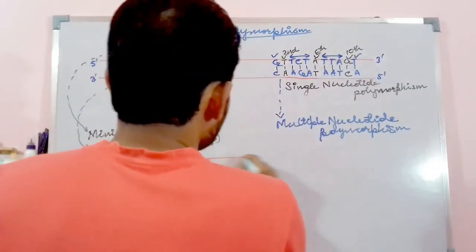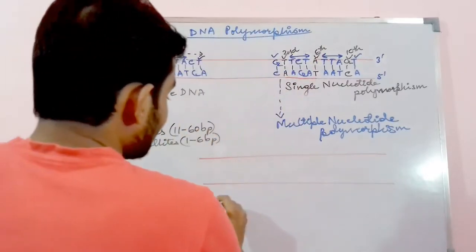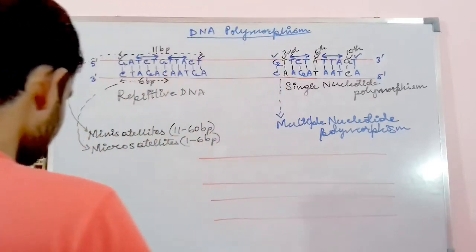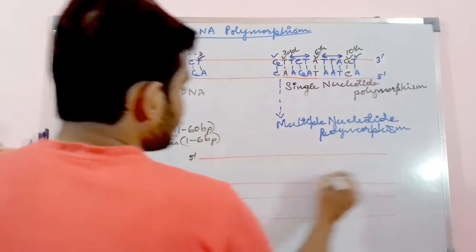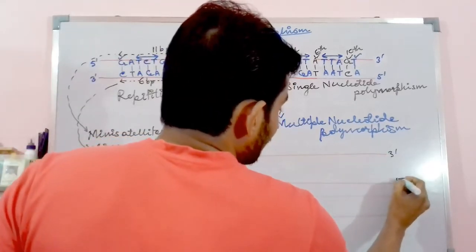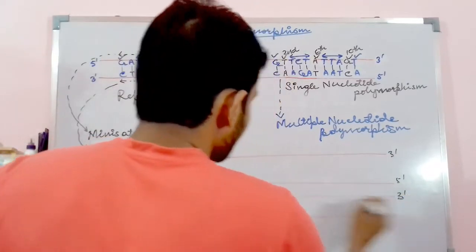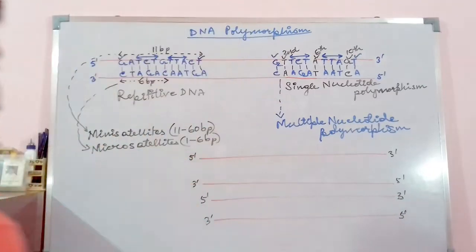Like if I draw another sequence here, okay, and here also if I draw another sequence, this is 5 prime, 3 prime, 3 prime, 5 prime, 5 prime, 3 prime, 3 prime, 5 prime.